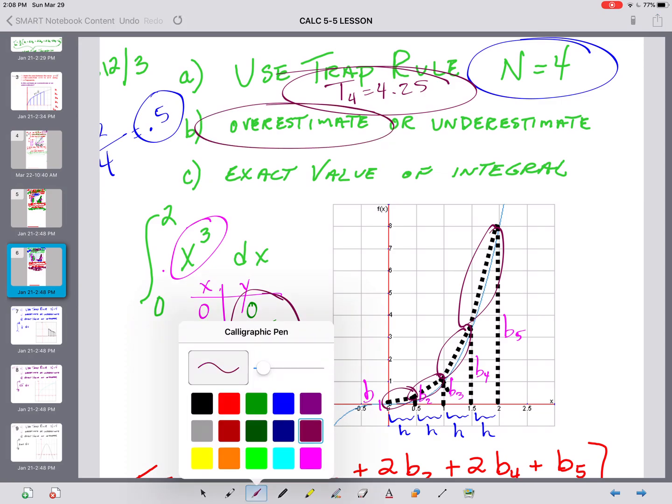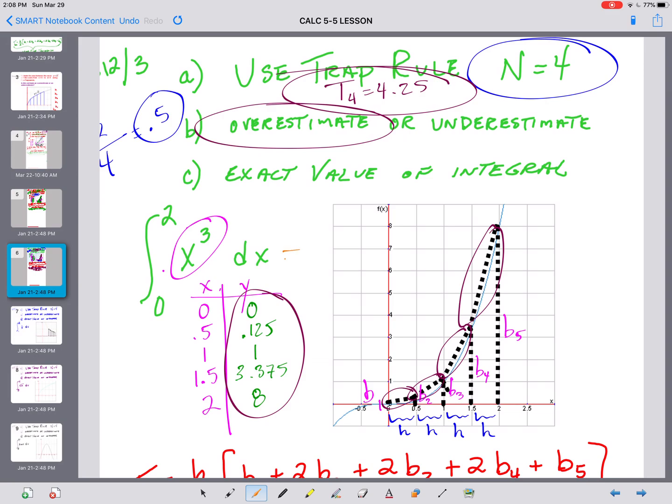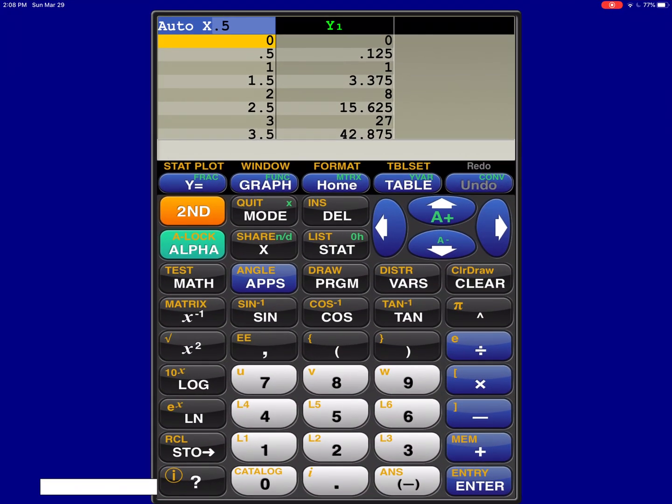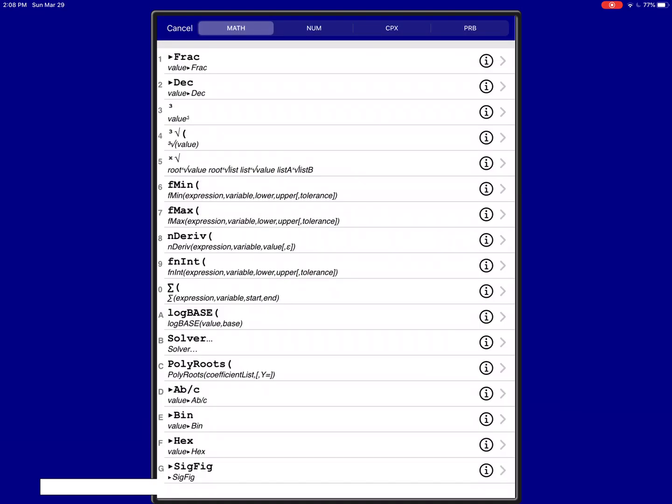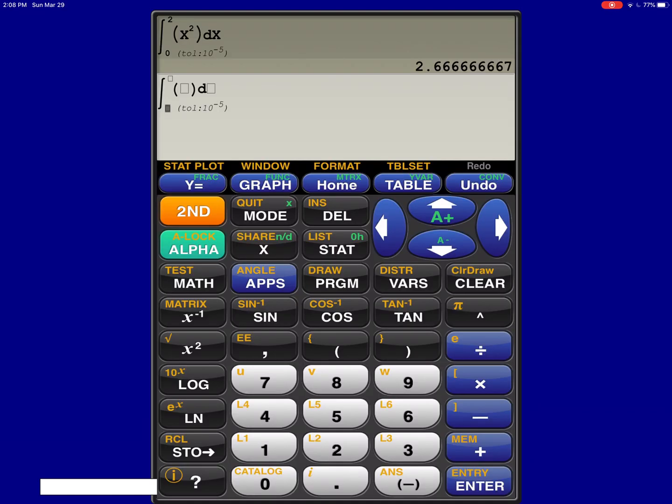Now, the exact value. Let's go into our calculator, to our home screen. Math, number 9. There's 0 to 2. The equation this time is x raised to the third.